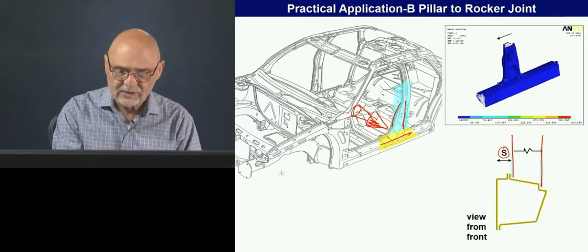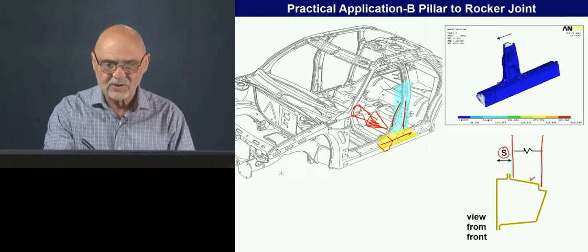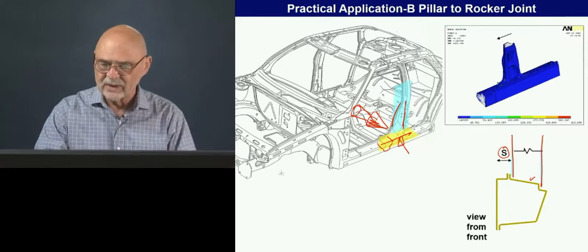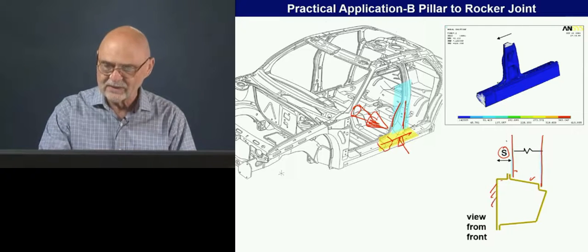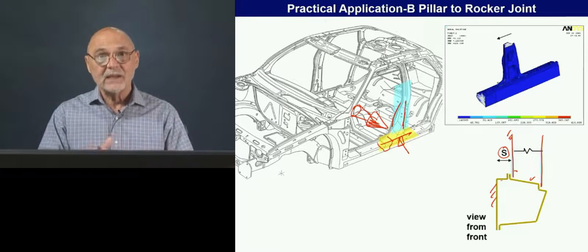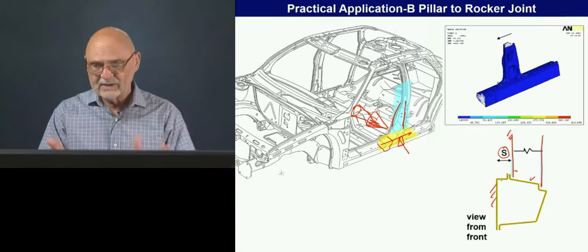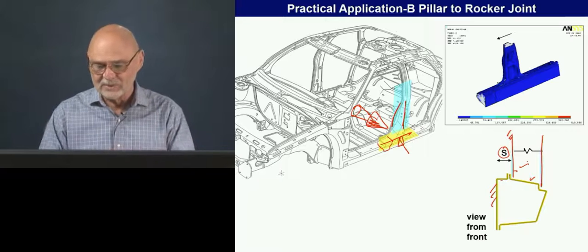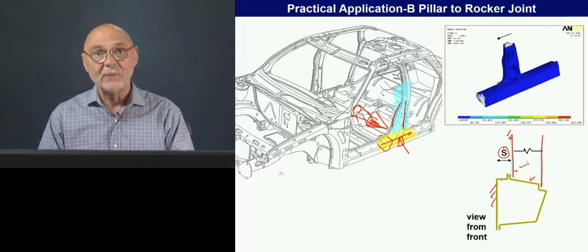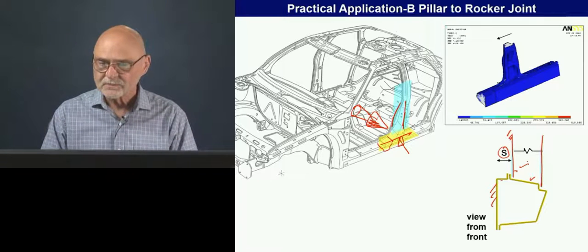And then the rocker is right here. But on the inside surface, which we can't quite see in this picture, there's an offset between this wall and this wall. So again, this is a case of not aligning the shear walls. And there are reasons to have to do this, not good structural reasons, but sometimes for packaging or manufacturability, this kind of situation occurs.